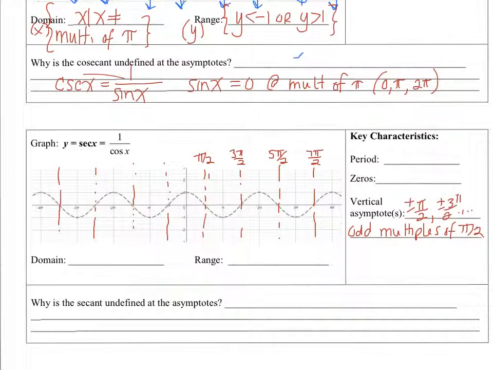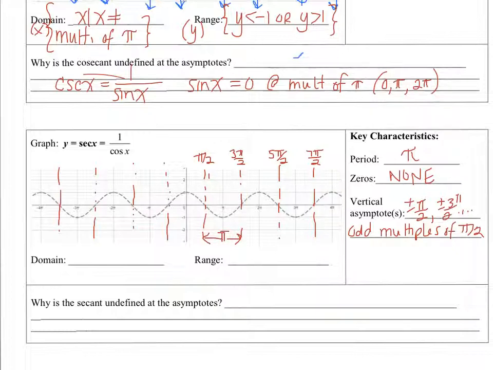Now, if it's between pi over 2 and 3 pi over 2, so that's 90 degrees and 270 degrees, that means that this value right here, the period, is pi. So same period as the cosecant. And again, this function's not going to have any zeros.